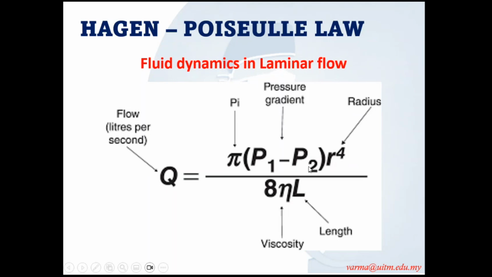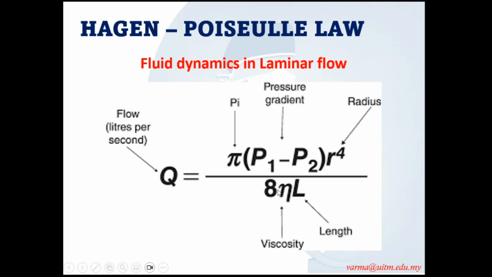You have a higher radius, the vessel is big, or you are using a large bore cannula, a bigger cannula. One is cannula, another one is your ETT. If you're talking about your airflow, a bigger ETT gives you more flow, easier for the air to go in.